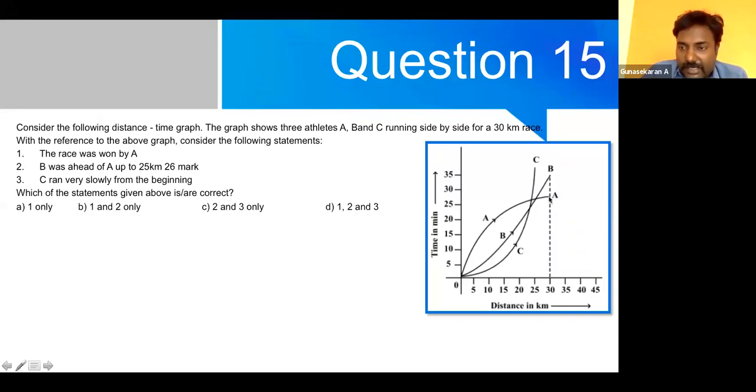See, A reaches the destination at what time? 25th minute. Listen, B reaches the destination at 35th minute. C does not even reach the destination. So the race was won by A.